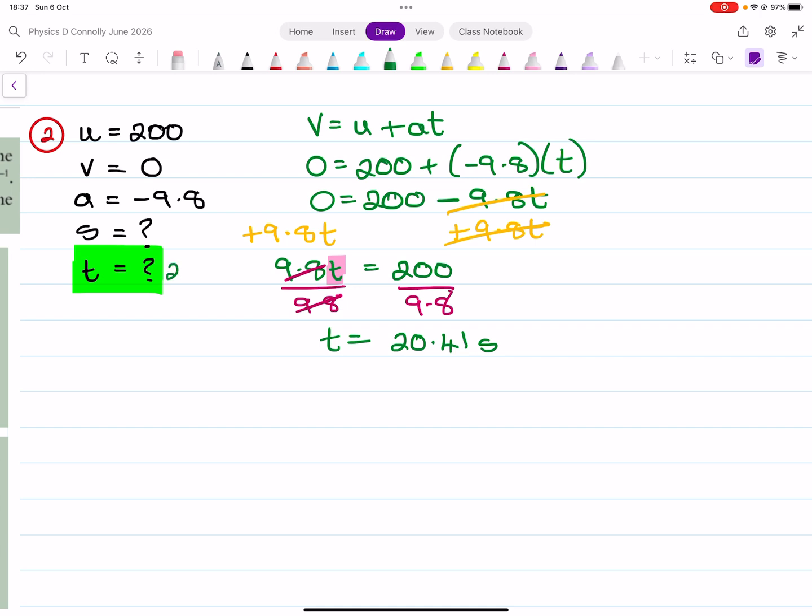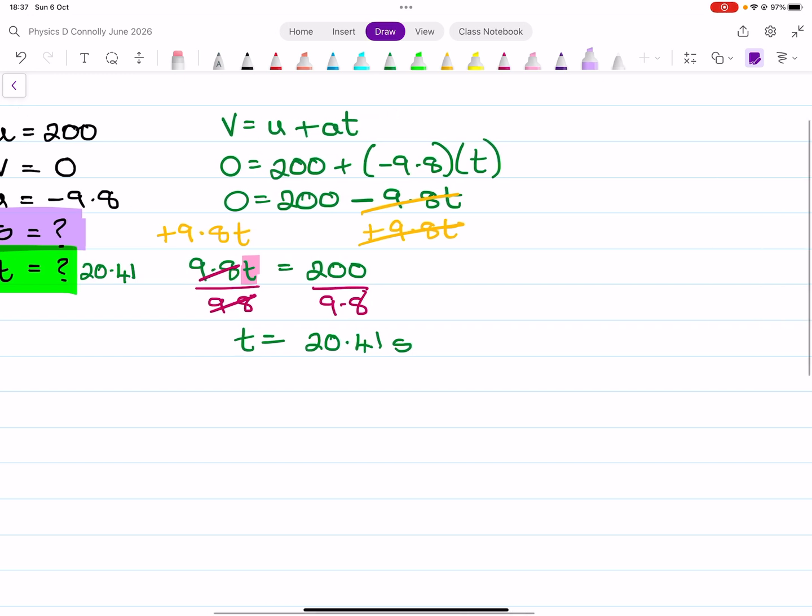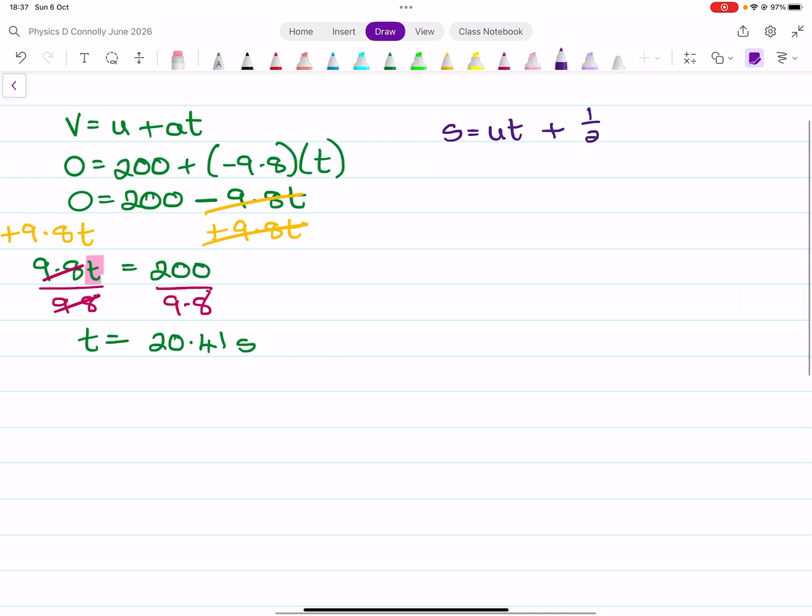So that's 20.41. I am actually going to hold all the decimal places. Now that I have that, I can use S equals UT plus a half AT squared. So U is 200, T is 20.41, or the full version of that number.